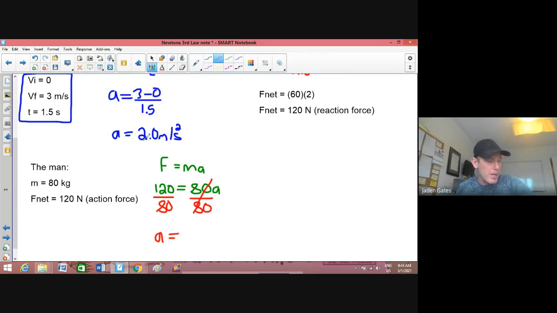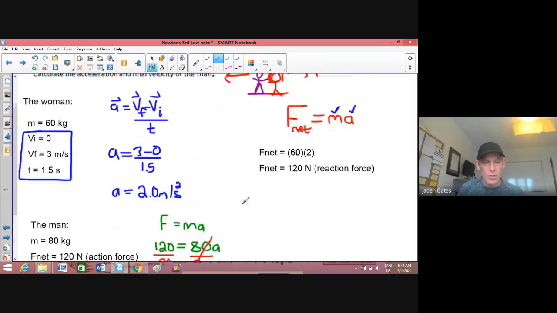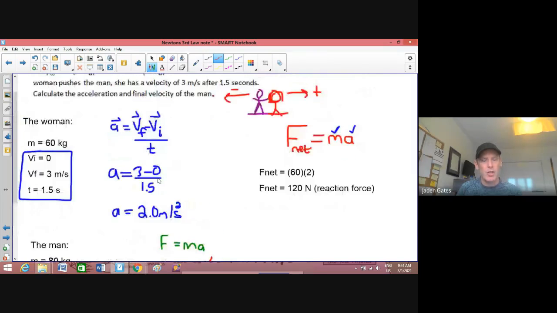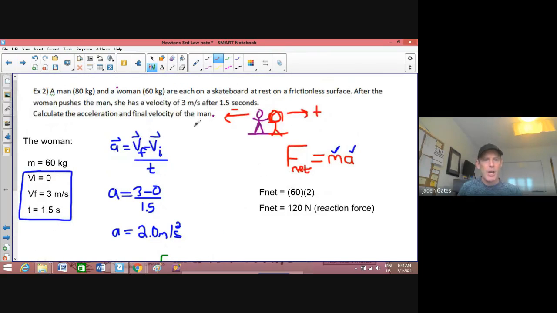Now, I'm assuming, and it should happen, it's going to be lower than 2 meters per second squared because she's smaller than he is. I do 120 divided by 80, and I get 1.5 meters per second squared. Now that's his acceleration, slower than hers again because he's heavier and they're experiencing the same force.